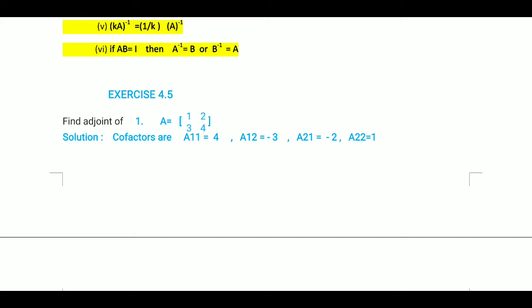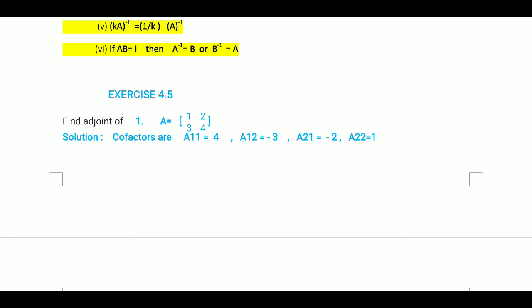Similarly, A12. A12 means the cofactor of the element lying in the first row and second column, and that is -3. What will you do? You will remove the first row and second column, and we get 3. But do you know why it is -3?